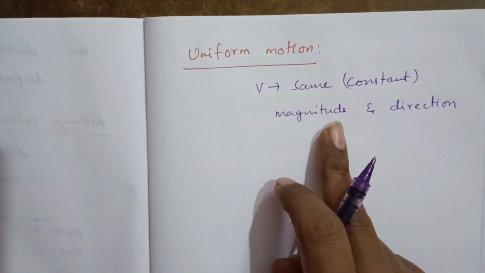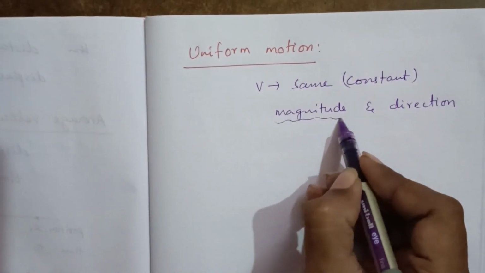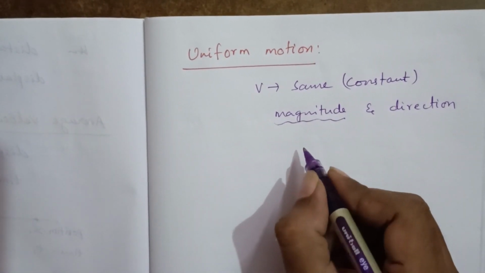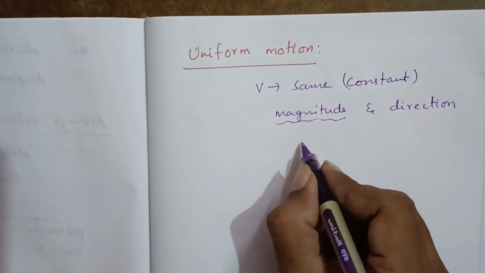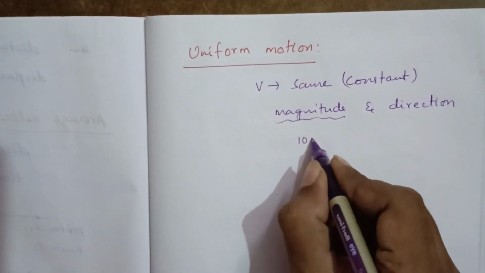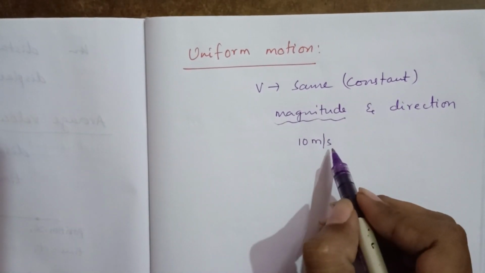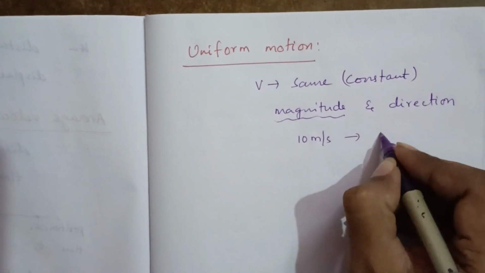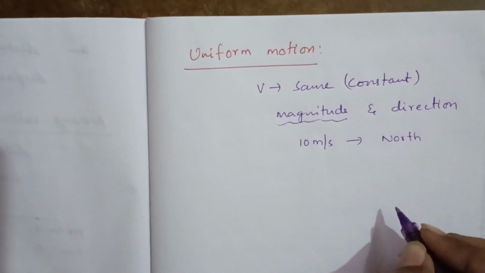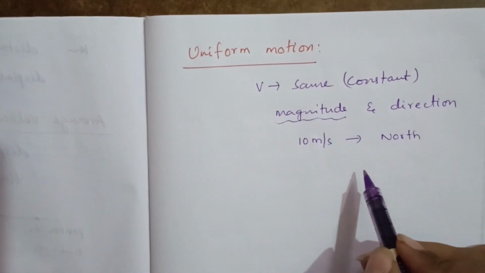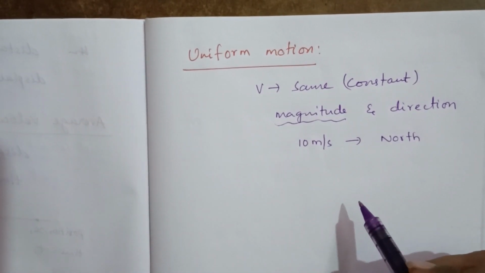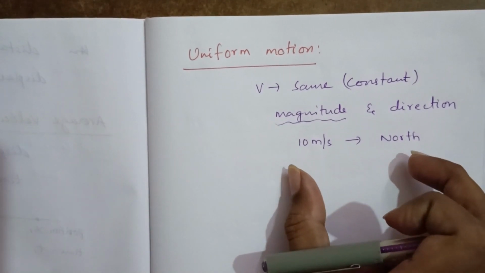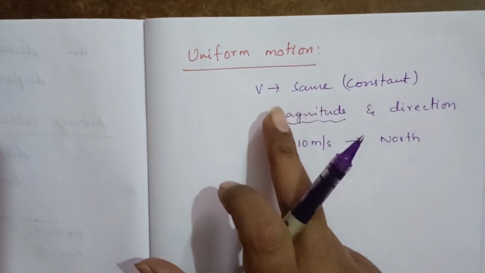Sir, what is meant by magnitude? Some of the students may have doubt about magnitude. Magnitude means the numerical value with its units. 10 meter per second is the magnitude. Towards north, south, east, west, these are directions. So magnitude and direction are constant throughout the journey.